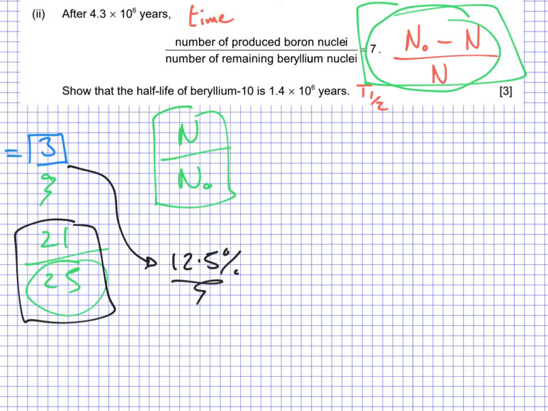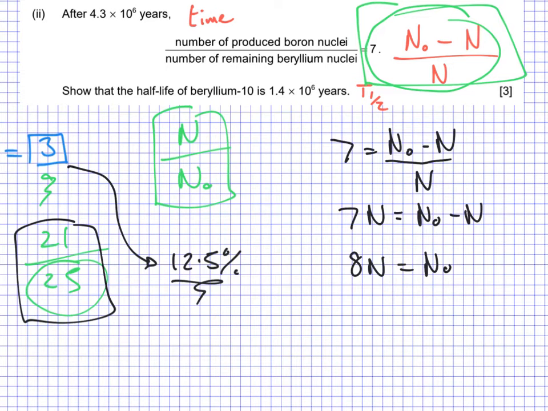So let's go ahead and do it. We're going to say that 7 is equal to N naught minus N over N. So 7N is N naught minus N, which means 8N is equal to N naught, which means, well, let's just go ahead. We'll go 1 over 8 is equal to N over N naught.